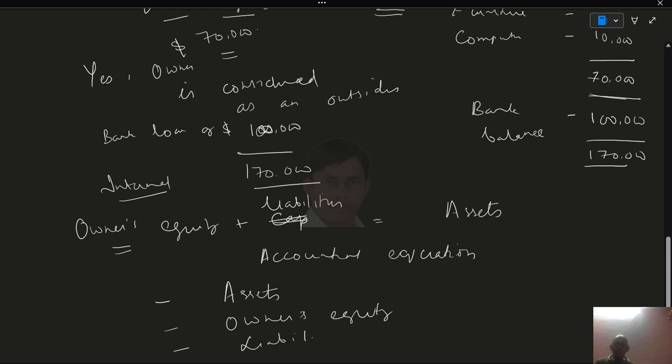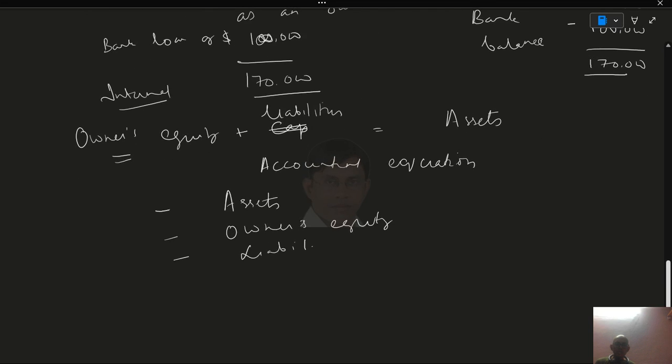So what is the equation? What is the accounting equation? Accounting equation is assets is equal to liabilities plus capital or owner's equity.